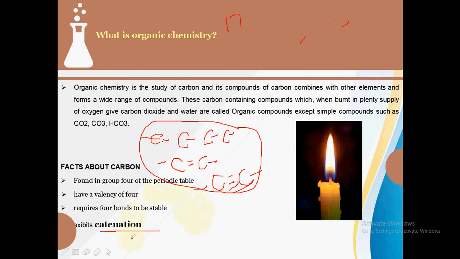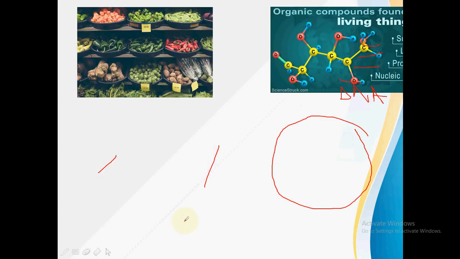Because of this catenation, carbon has the ability to form a variety of compounds.